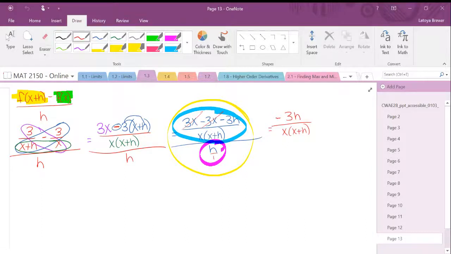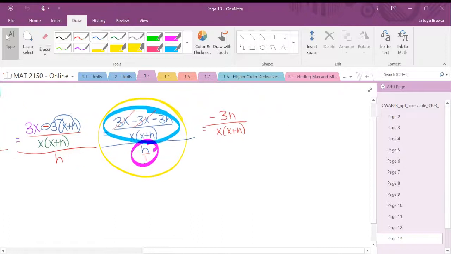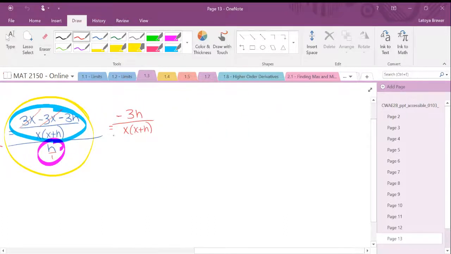So if you think way back, you were taught that when you are dividing two fractions, what we do algebraically is we keep the numerator the same, which is what I did here. And what I'm going to do is change my division sign to multiplication. Then I am going to flip that denominator, which will now give me 1 over h.